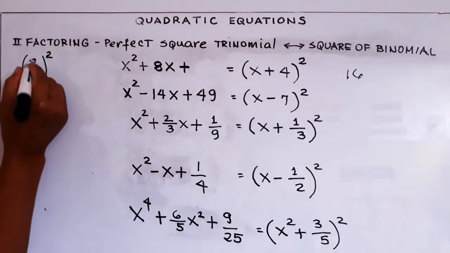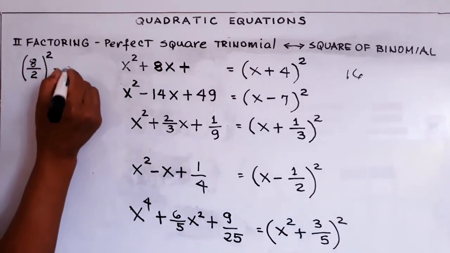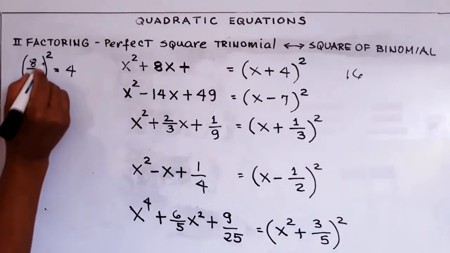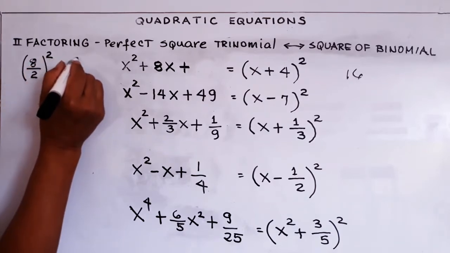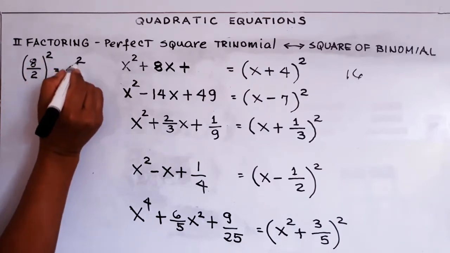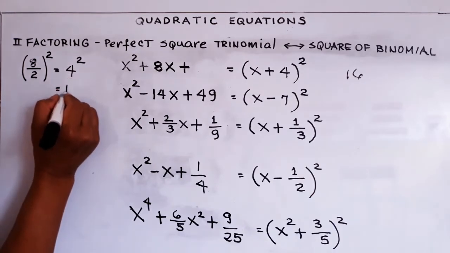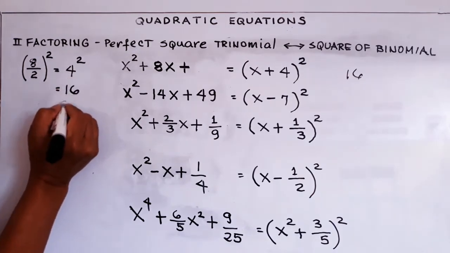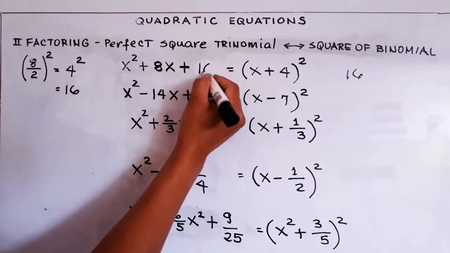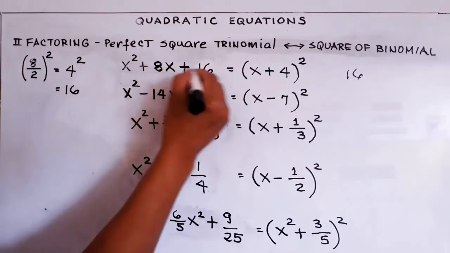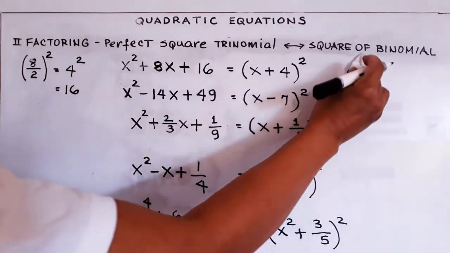So here we divide 8 by 2, which gives us 4. And then we square it. Don't forget to square it. Always square it. 4 squared, and 4 times 4 is 16. So 16 is the number that should be here, so that these 3 terms will become a perfect square trinomial.